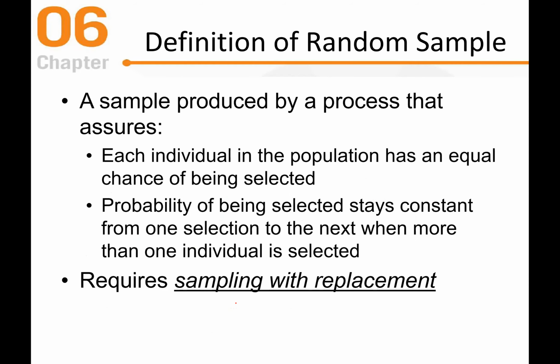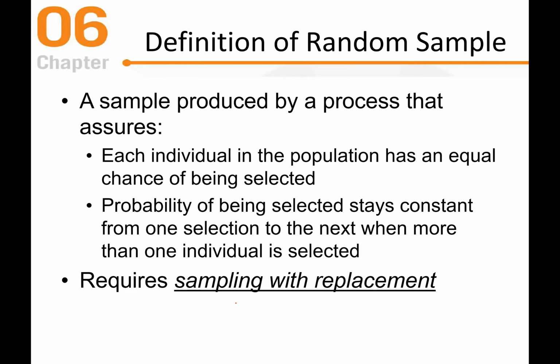So when we are setting up research studies, we are going to use something called a random sample. A random sample is a sample produced by a process that's going to assure us of a couple of things. One is that if we say we're using a random sample, that means that each individual in the population has an equal chance of being selected.